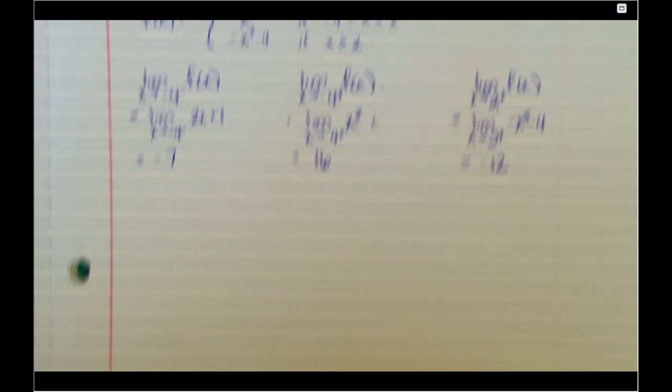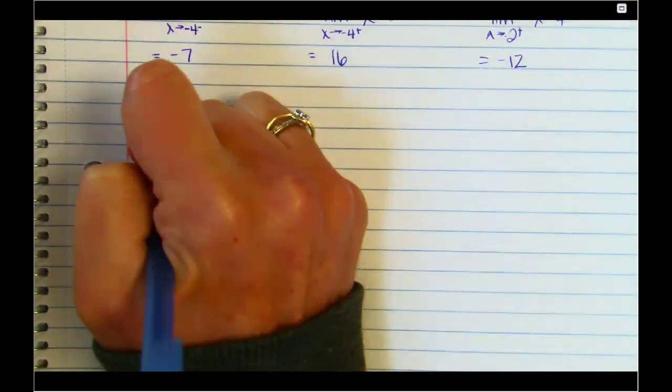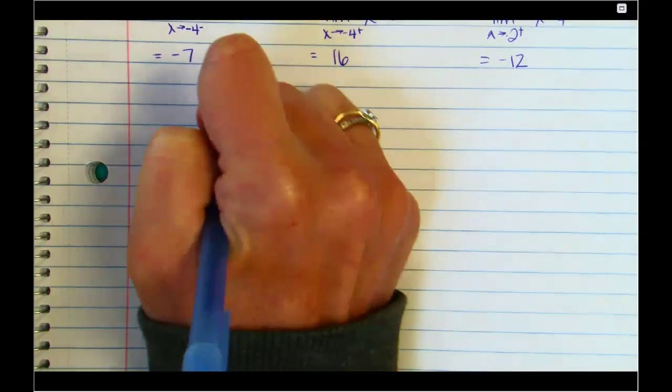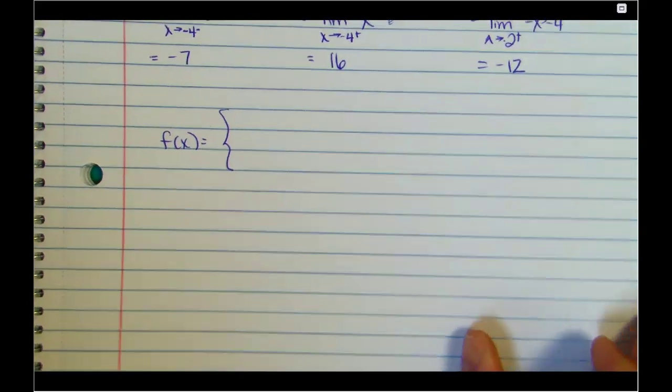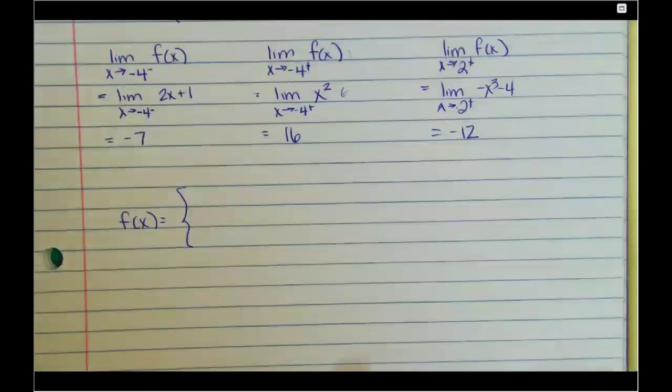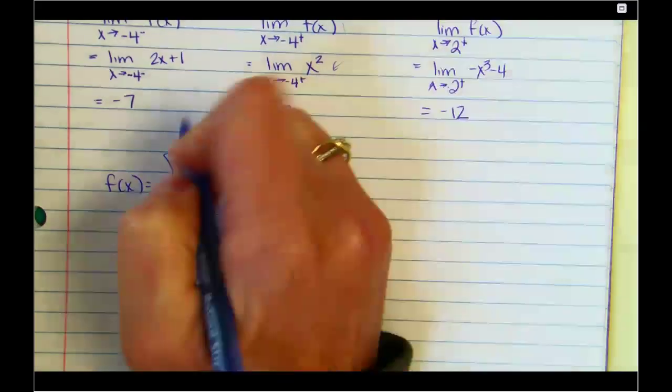Okay, so let's try another one. Now that I've given you the idea, it's not difficult. Even though it's a right and left hand limit, it's okay because it is what it is.